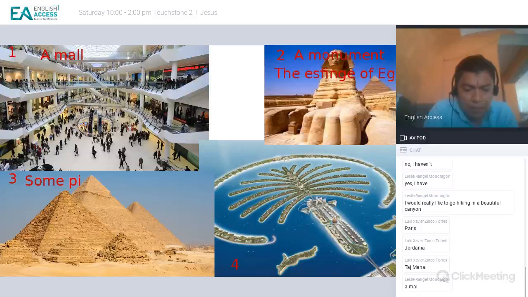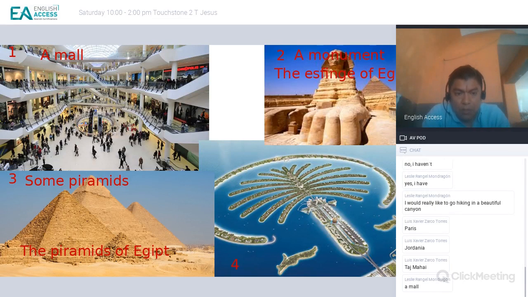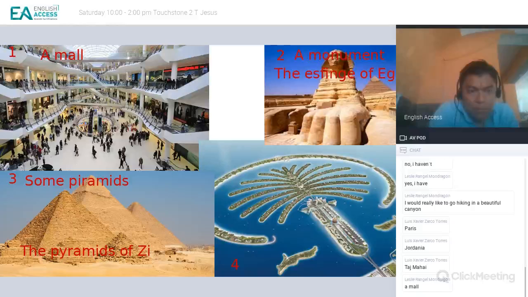Some pyramids. Specific, the pyramids of Egypt. Or Giza in Egypt.